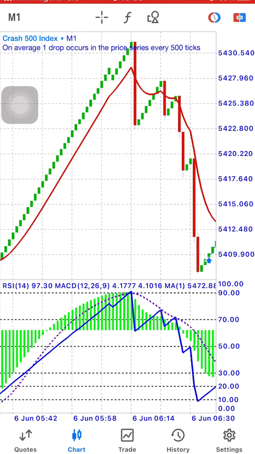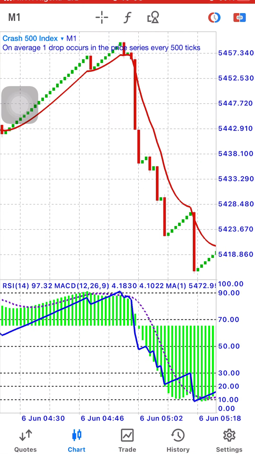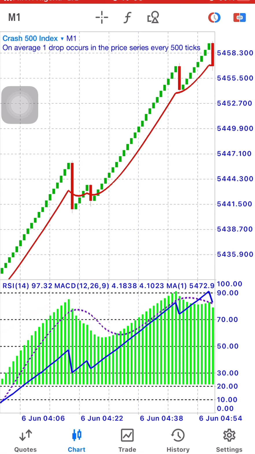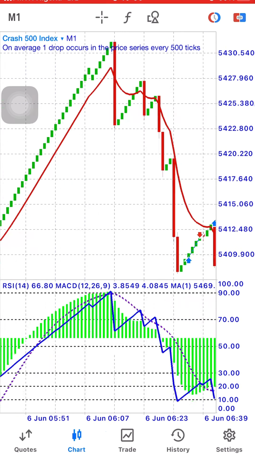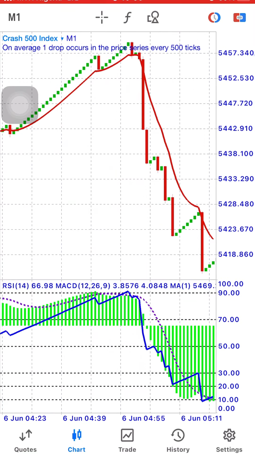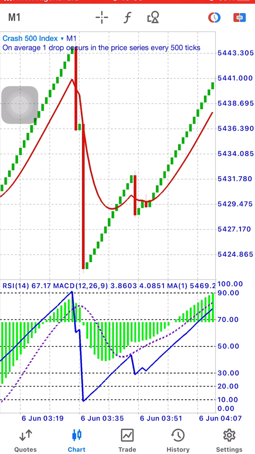Then you go to another market and look for the same. This logic works for all: Boom and Crash 500, 300, 1000. It works for all. But you have to be patient and wait, or check the market to see that the spike has happened.